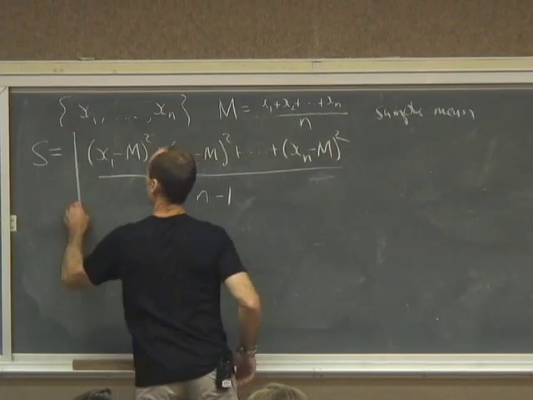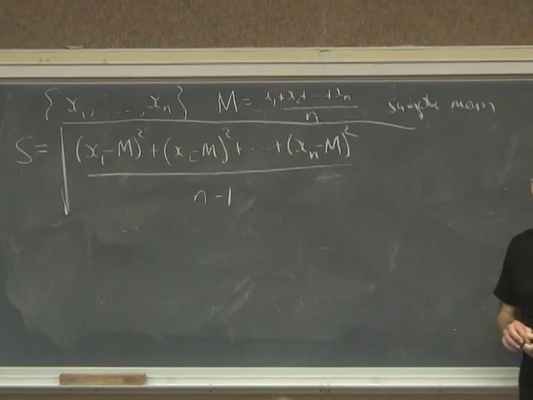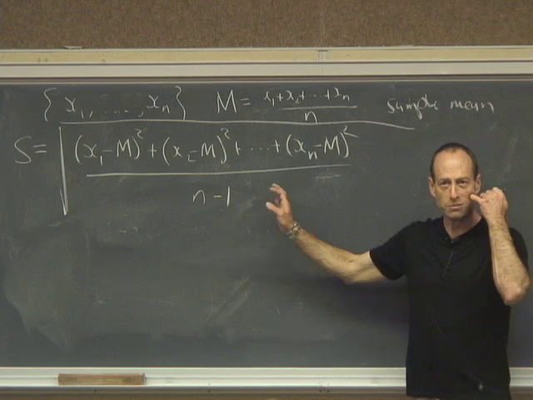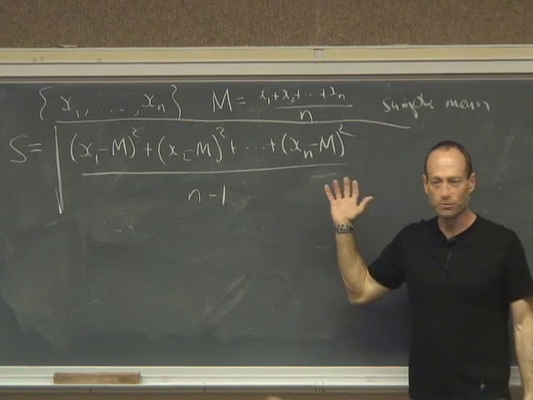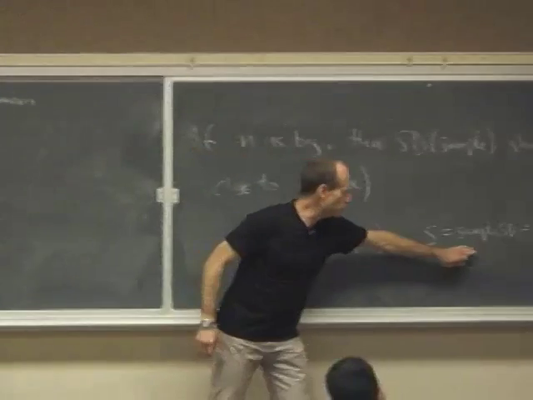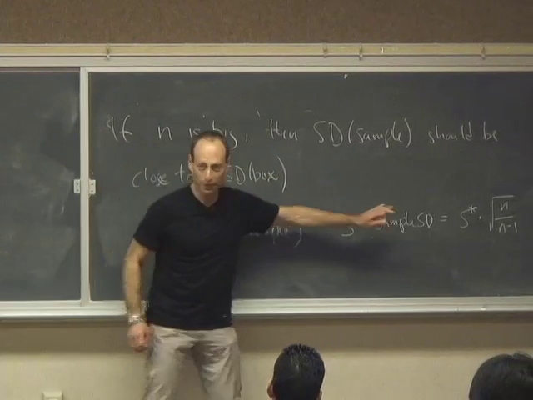And then we take the square root of the result. Okay, so this thing with n minus 1 in the denominator is what many of you have seen before as the standard deviation, but it's actually the sample standard deviation. Notice that the sample standard deviation is not the standard deviation of the sample. They differ by a little bit.